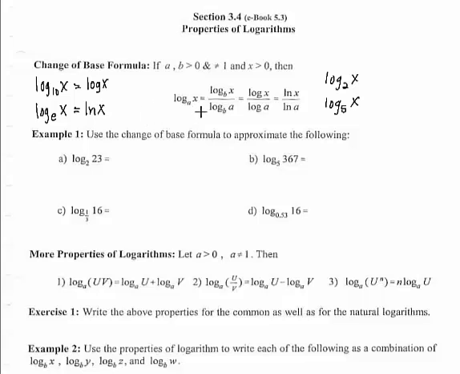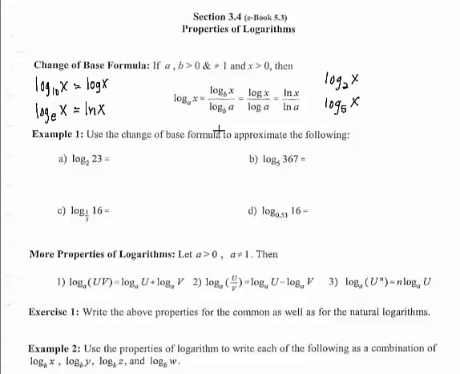Okay, so here we have a series of logarithmic expressions, and they're all equal. And so on the left we start with log base a of x. Well, if we don't have a calculator that can change the base, then what we can do is change the base by writing log of b.